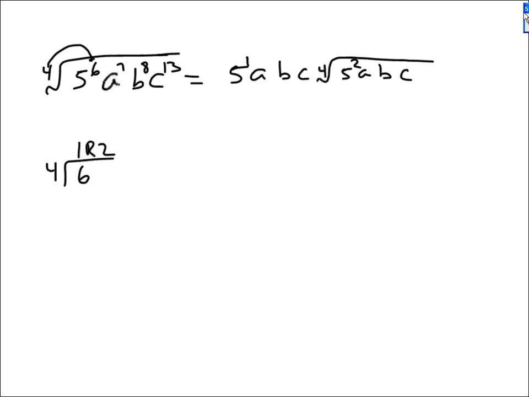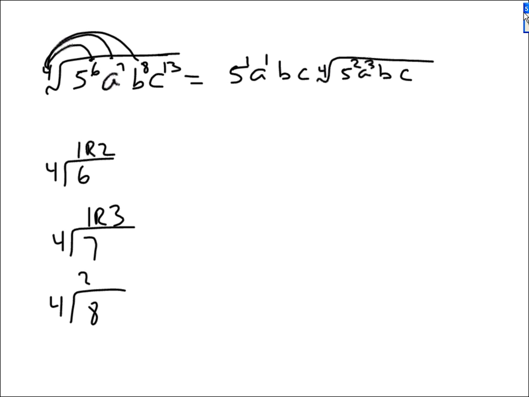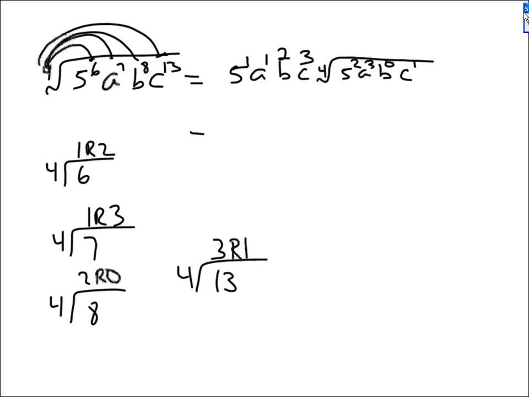That's for the 5. Now for the A, you do 4 into 7. Goes 1 time, remainder 3. B, you do 4 into 8. It goes 2 times, remainder 0. 4 into 13 goes 3 times, remainder 1.